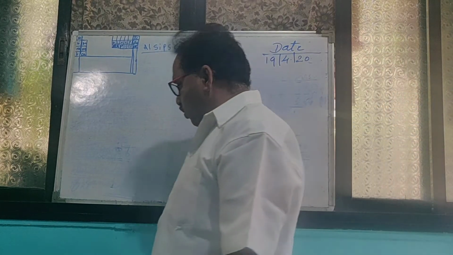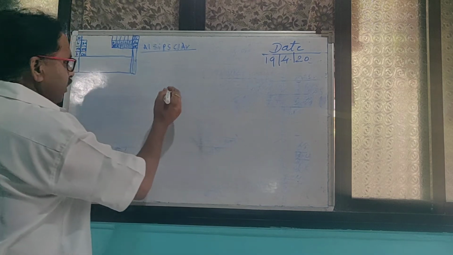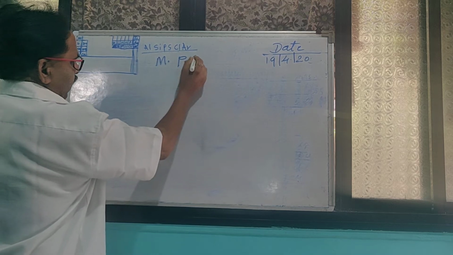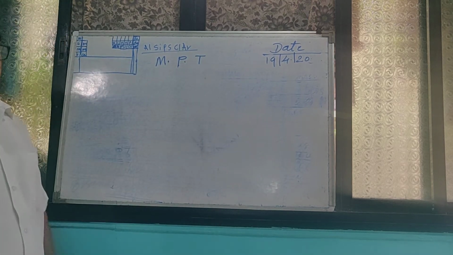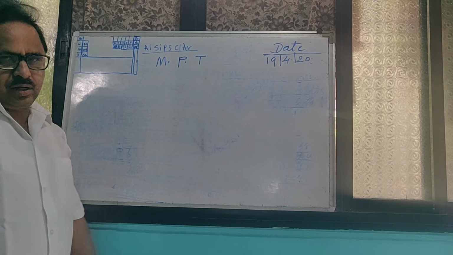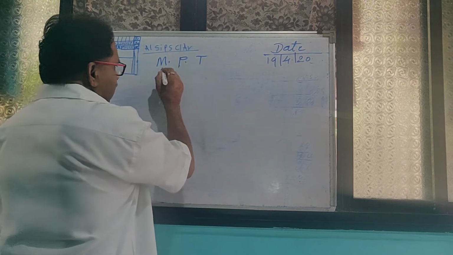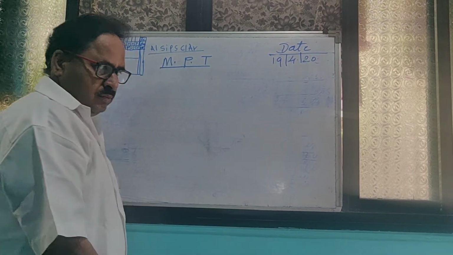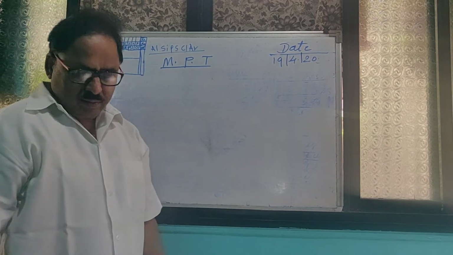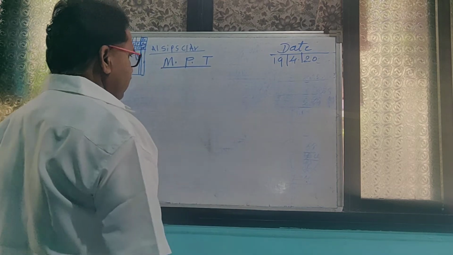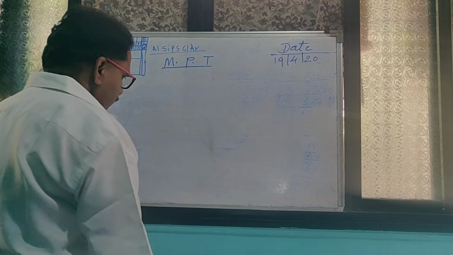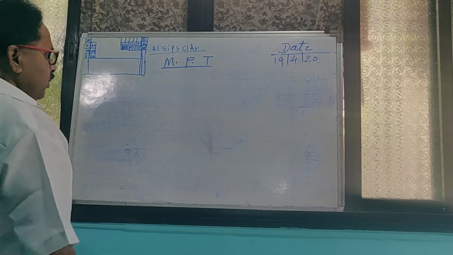Now we will go towards the modern periodic table, in short, MPT. In the previous period, we already discussed the laws discovered by Dobereiner, then Newland's octave and Mendeleev's periodic table.